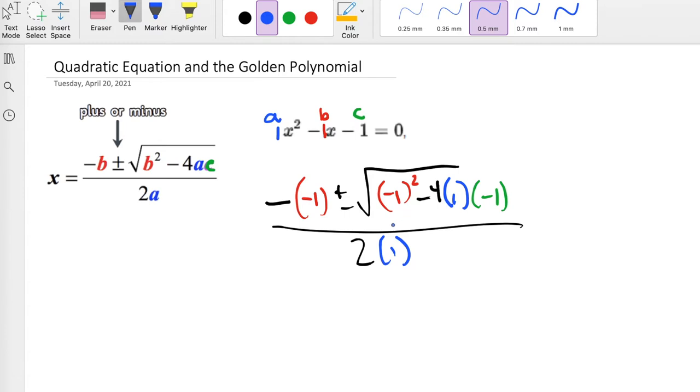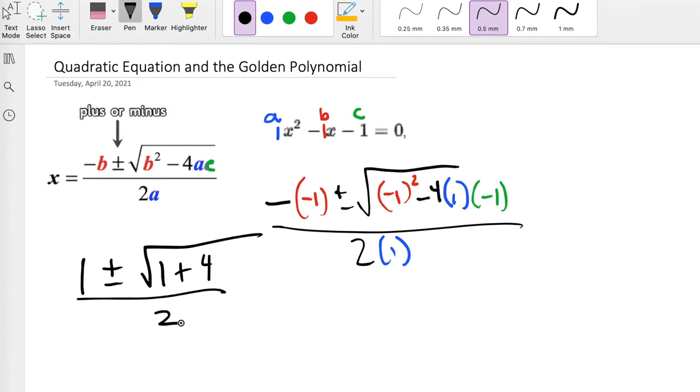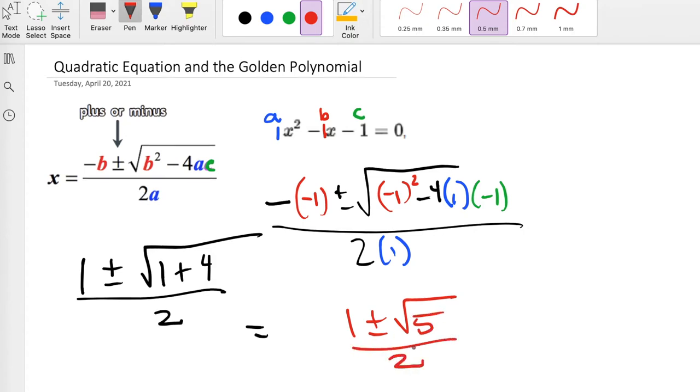So again, you should be familiar with the quadratic equation here, and what you end up with is -1 times -1 is 1, plus or minus the square root of -1 times -1 becomes +1, -4 times 1 is -4, times -1 is +4, all of it over 2. So our final equation here is 1 plus or minus the value of radical 5 all over 2.